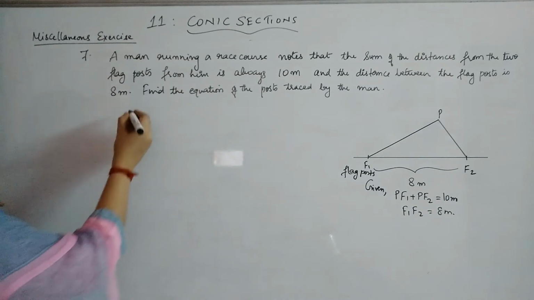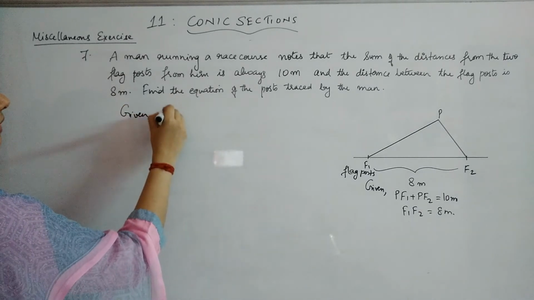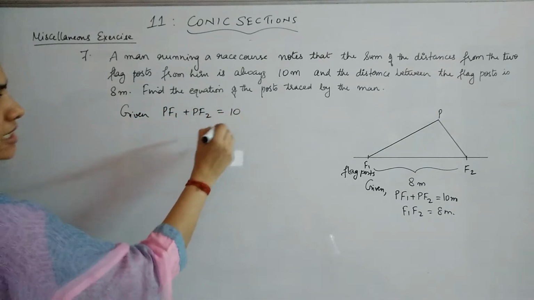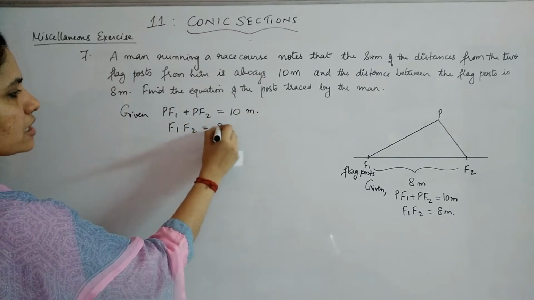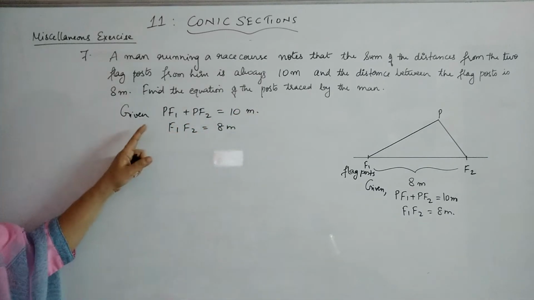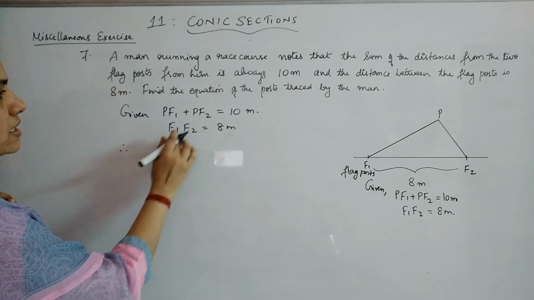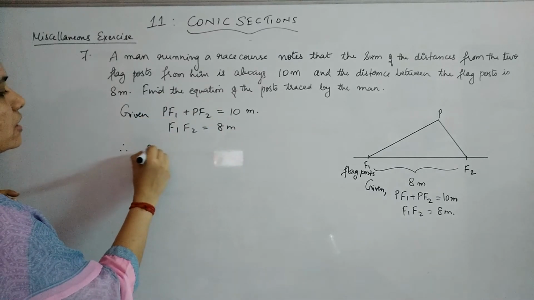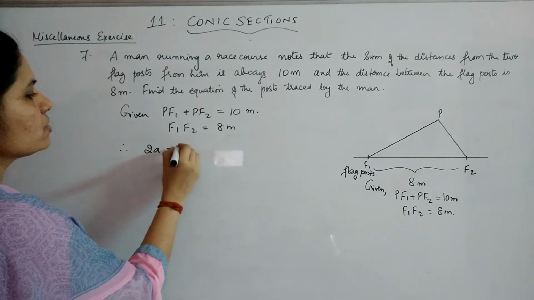So what is given, I have already written, that is PF1 plus PF2 is given to be 10 meters and F1F2 is given to be 8 meters. Now, therefore, what you can say is PF1 plus PF2, which we take as a constant, is actually 2a, which is the length of the major axis, right? 2a is equal to 10.